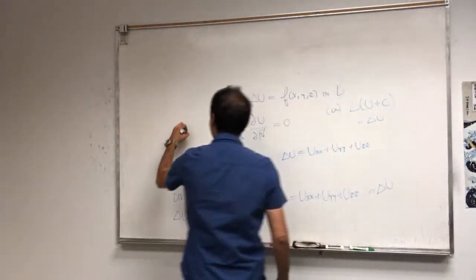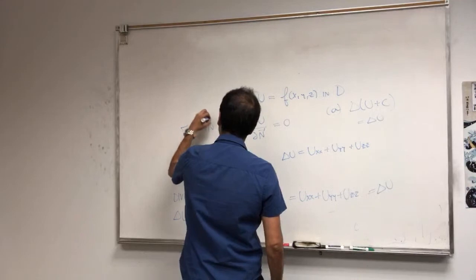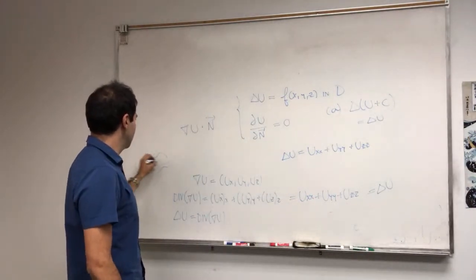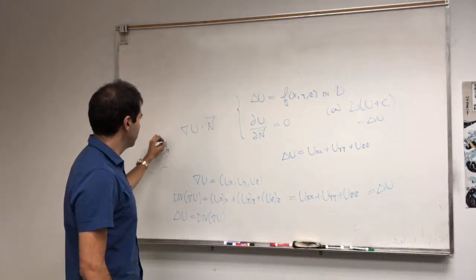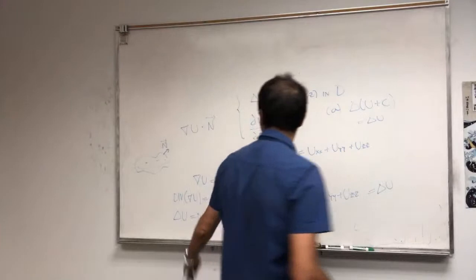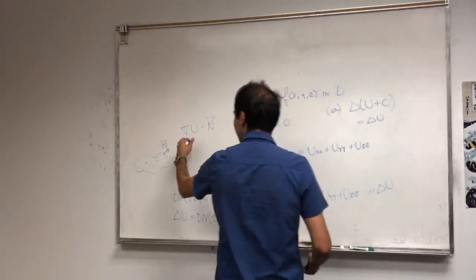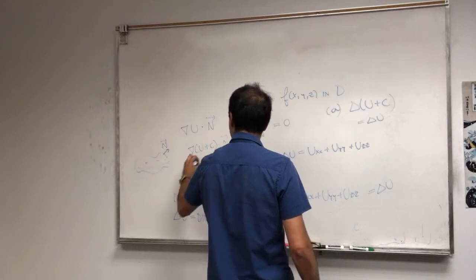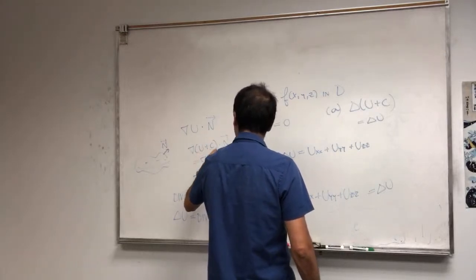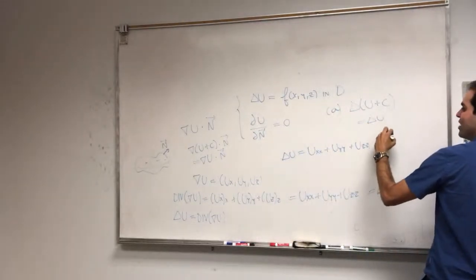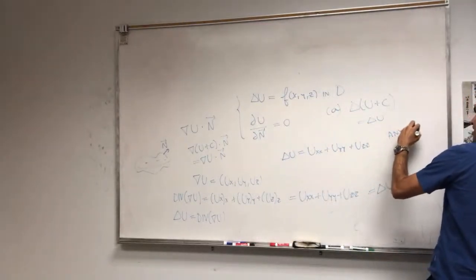Remember, this means the gradient of u dotted with the normal vector. So again, you have this 3D region and maybe a normal vector here. Well, if you add another constant to this, then because we're taking derivatives, the derivative of u plus a constant dotted with n is the same thing as the derivative of u dotted with n. So really the answer is we can add any constant.